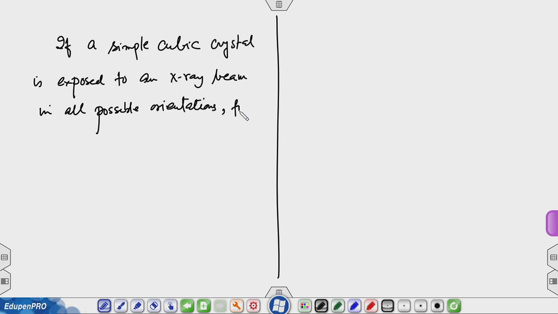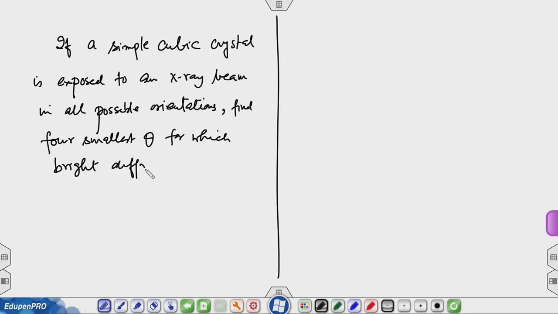Find 4 smallest theta for which bright diffraction spots will be found.